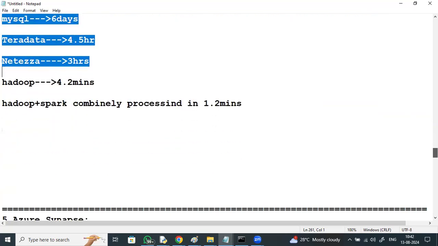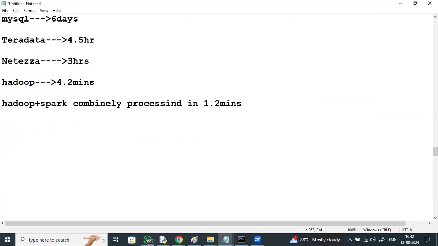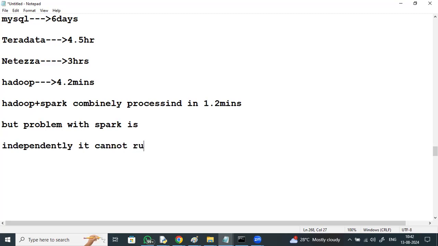But the problem with Spark is that independently it cannot run.